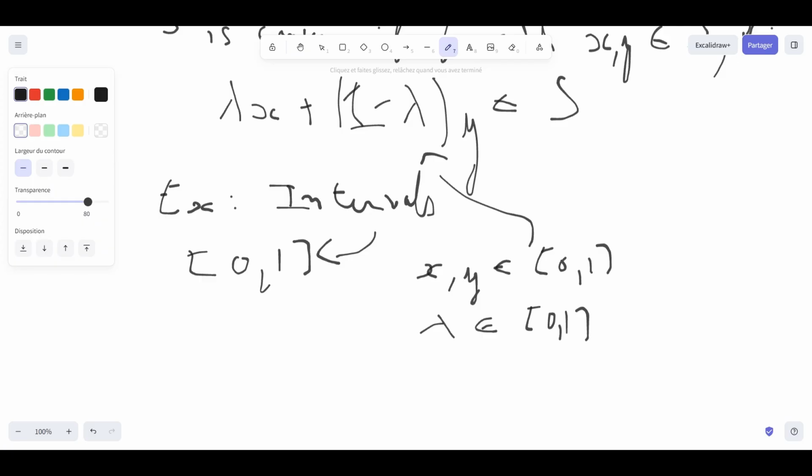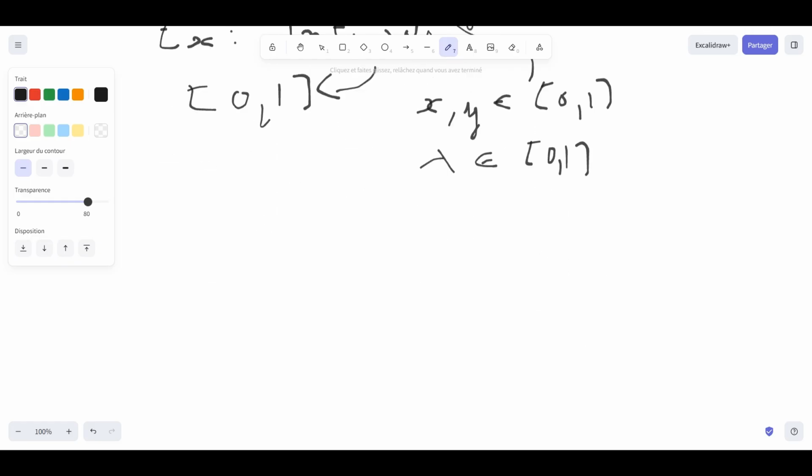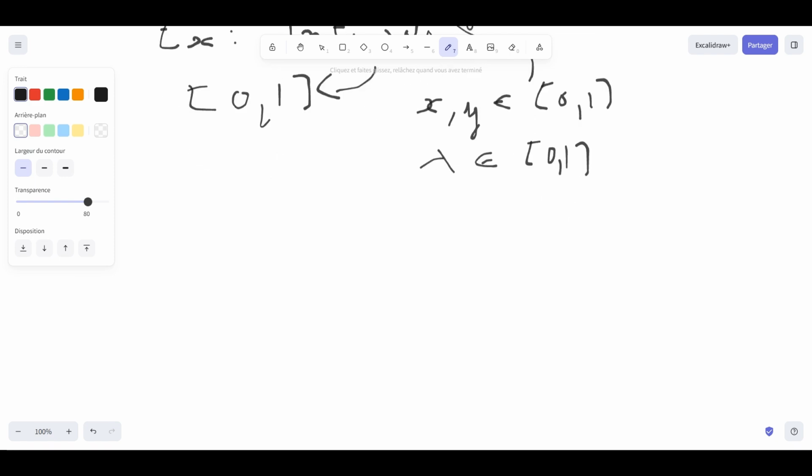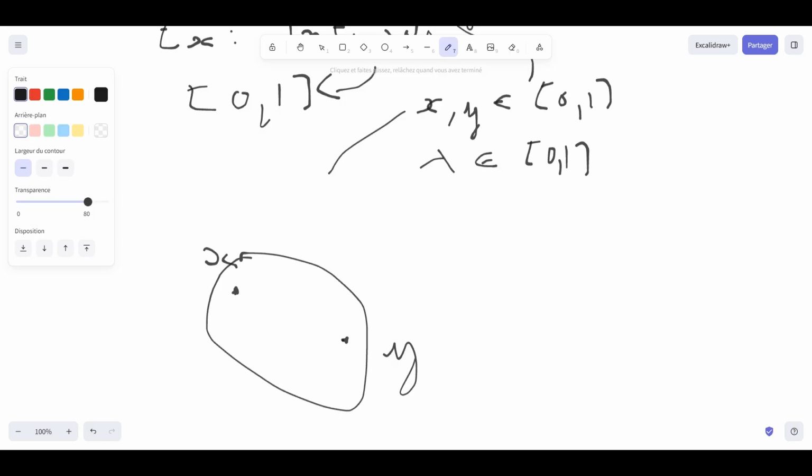Other types of convex sets can be balls, hyperplanes, half spaces, the probability simplex, positive semi-definite matrices. But in general, if you want a more visual idea, it just means that two points x and y are in the set.